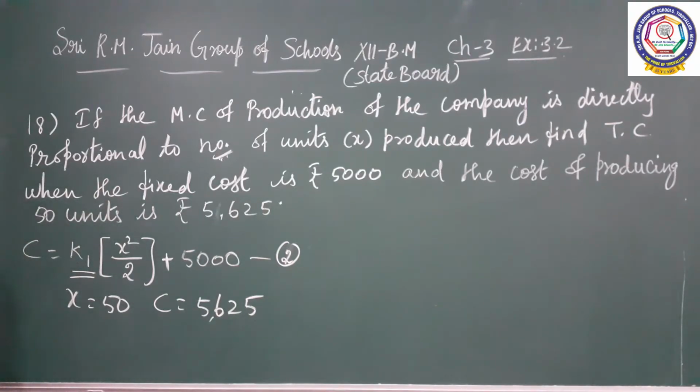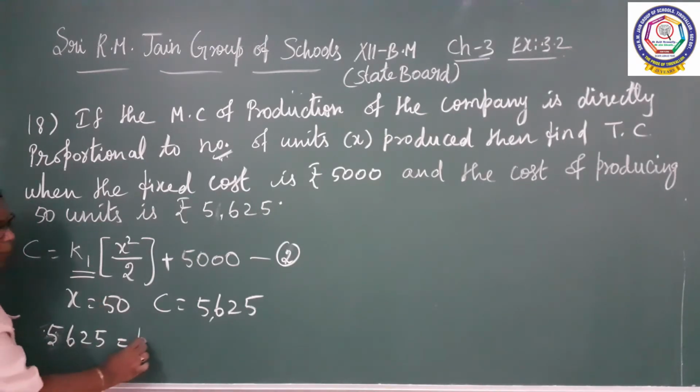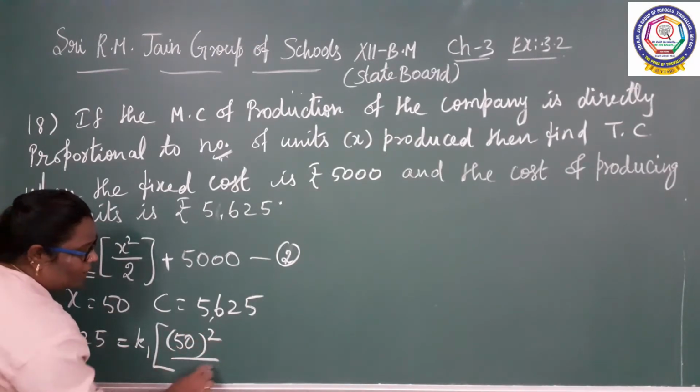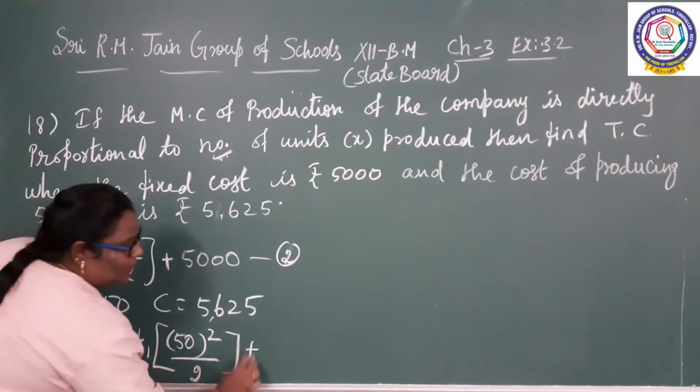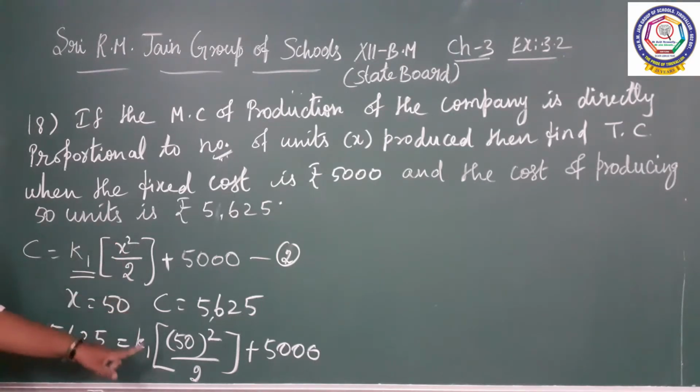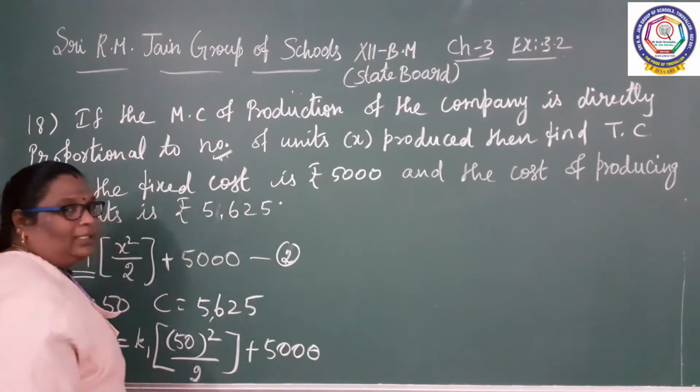In the second equation, C equal to 5,625. So 5,625 equal to K1 into 50 square by 2 plus 5,000.